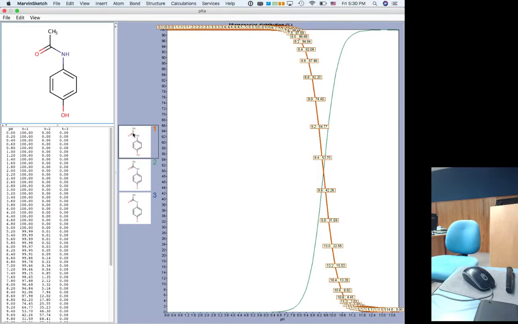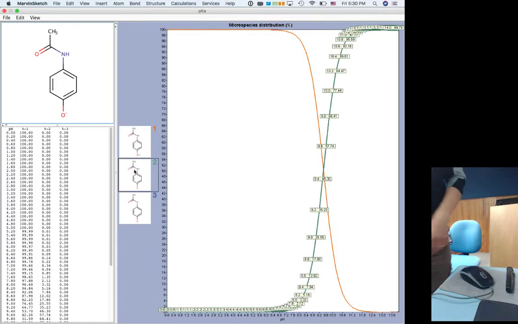This one is the one that should be more soluble in a hydrophobic environment. And this orange graph gets illuminated, and it's telling us that in the range between 0 to about pH 9, that is the dominant species. If you click on number 2, it tells us now that the negatively charged species becomes dominant slightly above 9.6 and beyond.